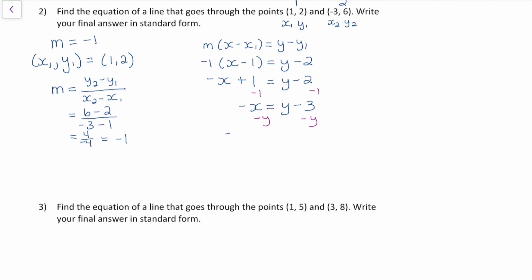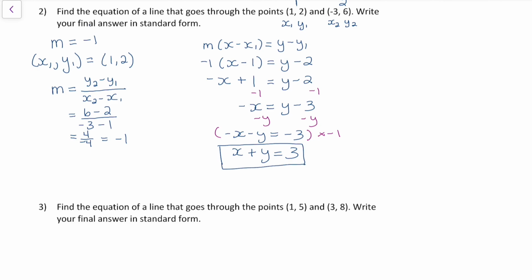I get minus x minus y equals negative 3. And I just have to check my standard form. They're whole numbers, but I have a negative x there, so I'm going to multiply the whole thing by negative 1 to get x plus y equals 3 as my final equation in standard form.